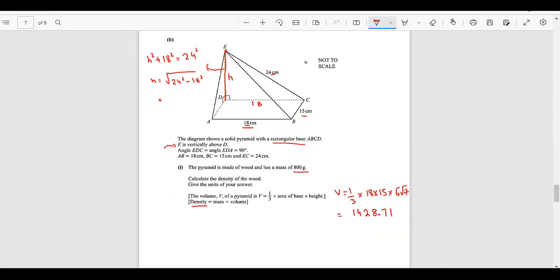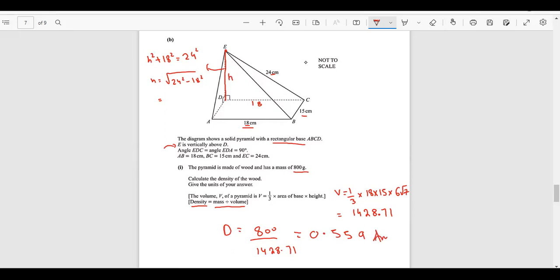So for finding the density, we do mass divided by volume. So mass is 800 divided by 1428.71, and this is going to give us 0.559, or 0.56 would also work.